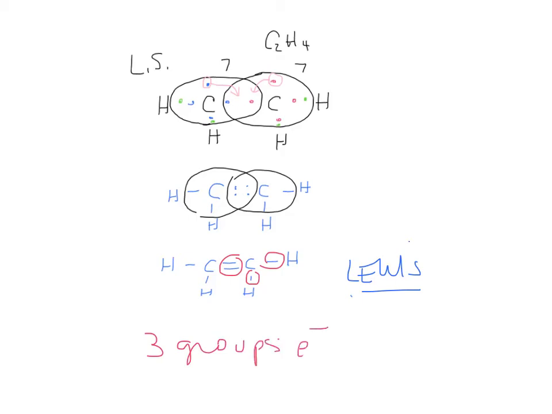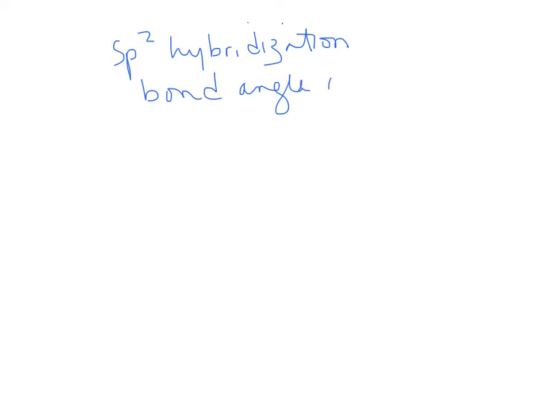And we know from our chart that 3 groups of electrons correspond to sp2 hybridization, and the bond angle of 120 degrees.